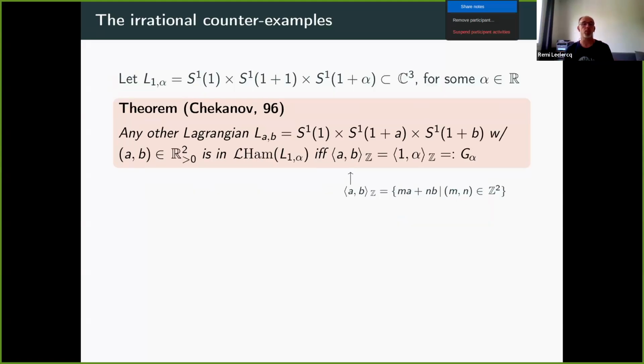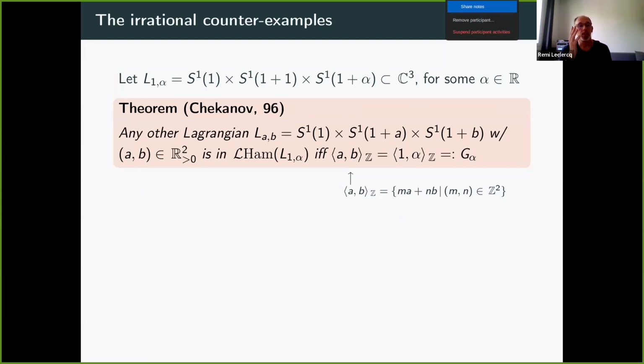We fix a product torus, which I called L1 alpha. It's the product of S1 of capacity 1 times S1 of capacity 1 plus 1, so that what happens later is more clear, times S1 of capacity 1 plus alpha, for some alpha which is a real number.